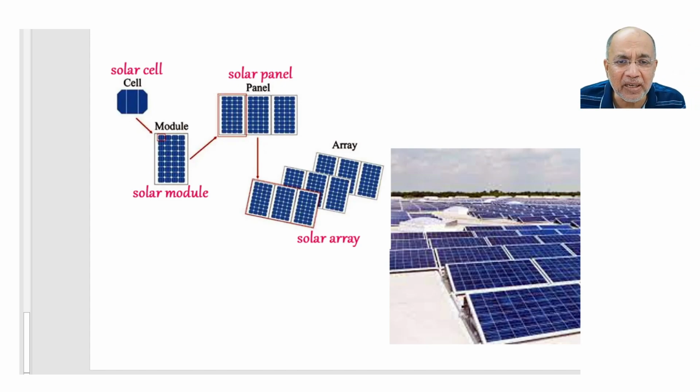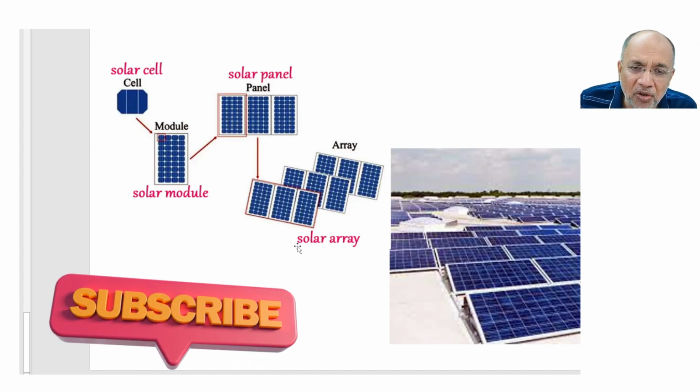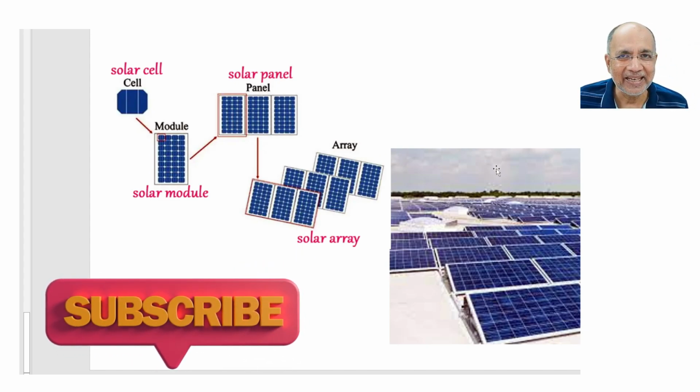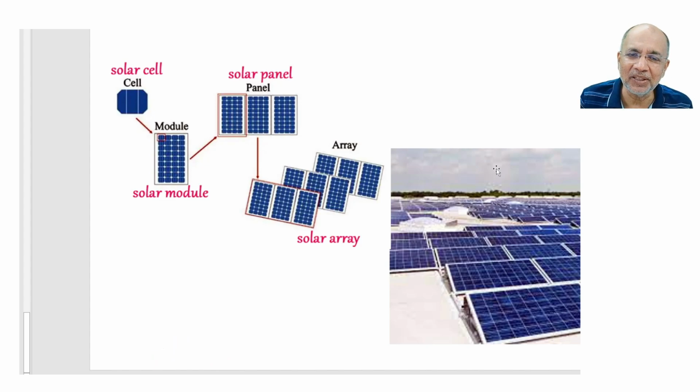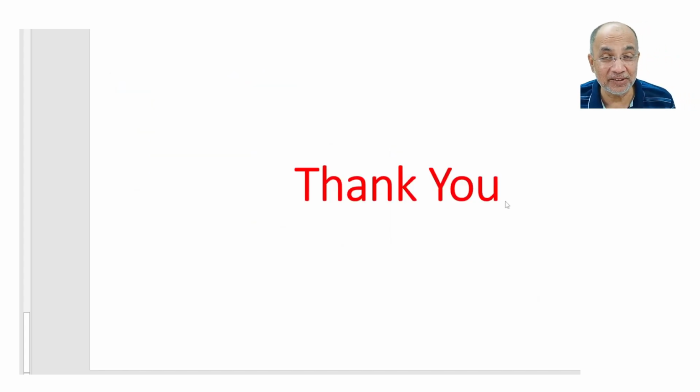So this arrangement of several panels is called a solar array. That will produce a lot of voltage, can be stored or sold or sent to the national grid. So that is the end of this program.